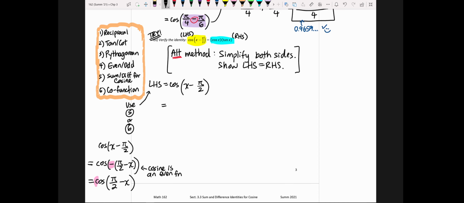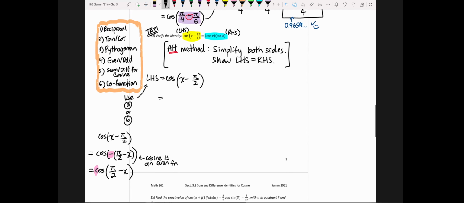And then from there, we see that cosine of pi over 2 minus x is equivalent to sine of x, because from function to cofunction, we replace input with pi over 2 minus input. So we could have gone that route.